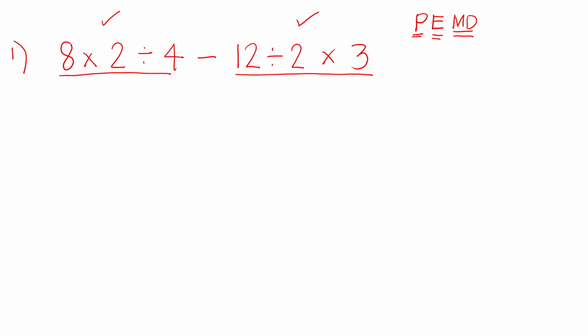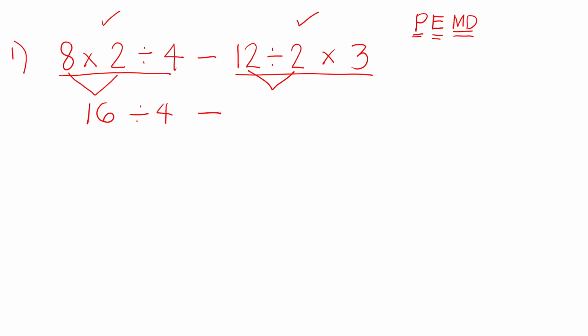Which operation comes first? Is it multiplication or is it division? Let's multiply. What is 8 times 2? 16. I'll bring down 4. Then on the other side of the minus, what comes first? Division. You do division first.